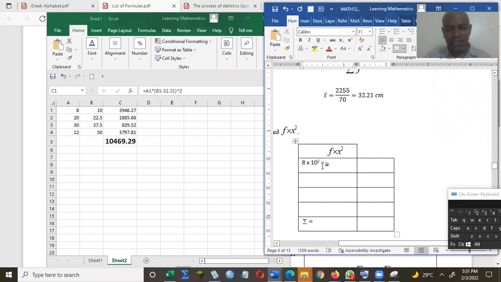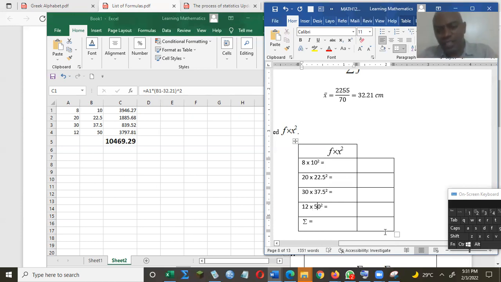The next fx squared, so let's just copy this. The next fx squared is 20, because 20 is the next f, and the next x is 22.5. 22.5 squared. What's the next fx squared? 30 times 37.5 squared. The next fx squared is 12 times 50 squared.